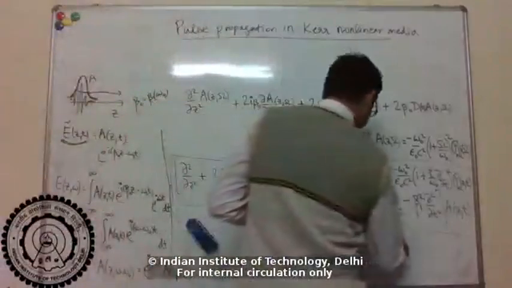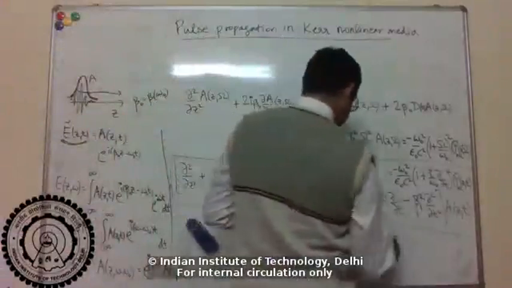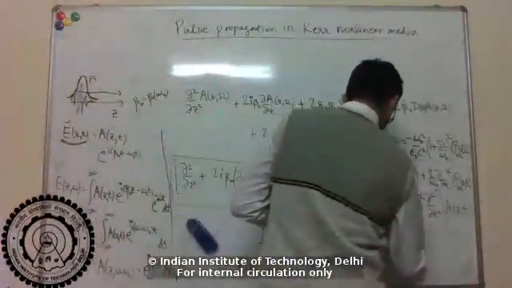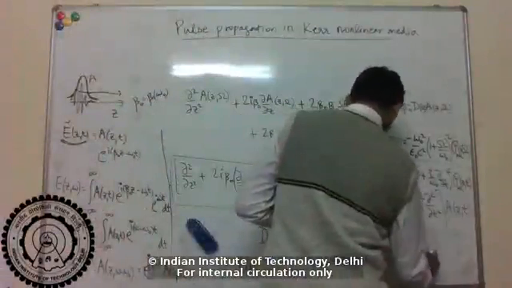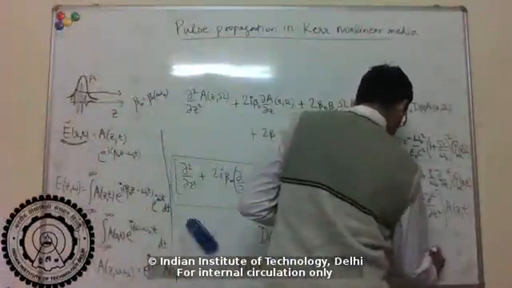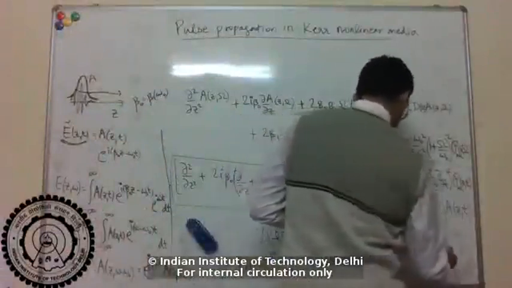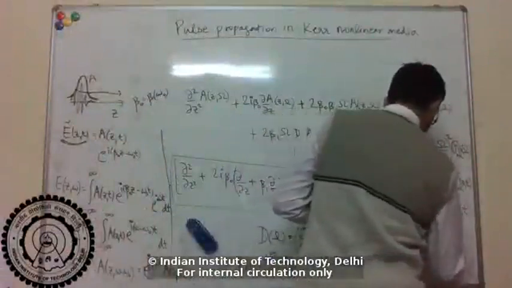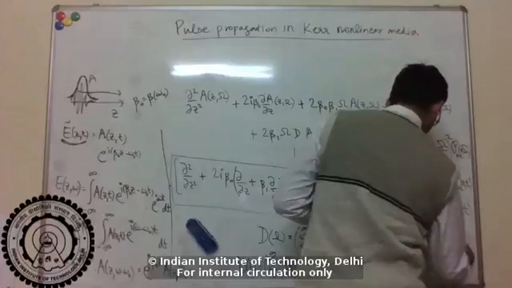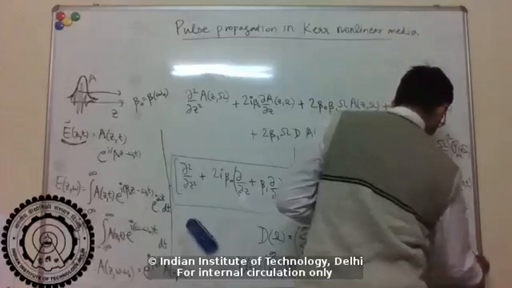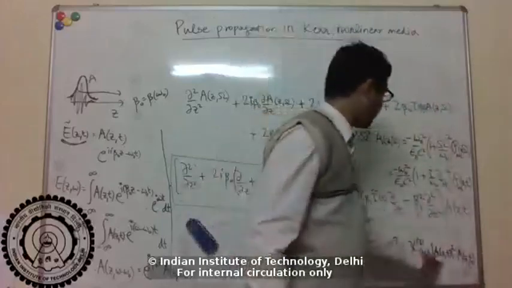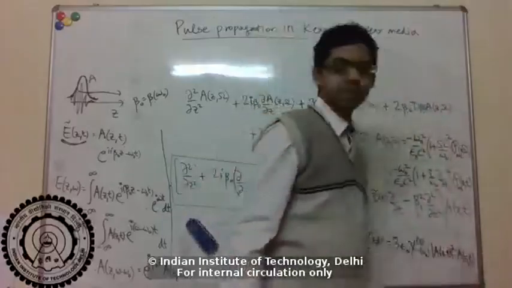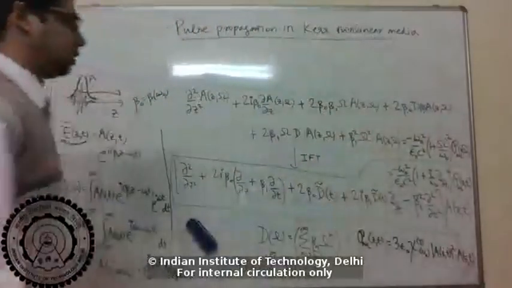So remember, for the self-phase modulation case, we can write it like this: chi3 times mod of A square times A. That gives me the self-phase modulation term, right?